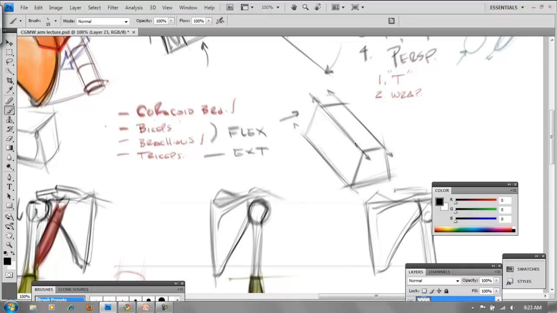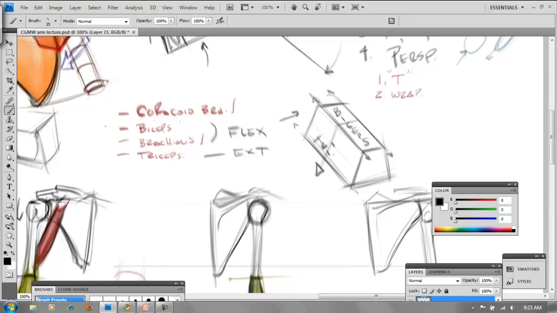The bicep isn't gigantic, it's thinner, and the middle of the arm, the humerus, is going to expand in size to the back. So the tricep is going to be most of the mass or the volume of the arm. So just keep that in mind as something to help organize how you're thinking about the overall sense of form.